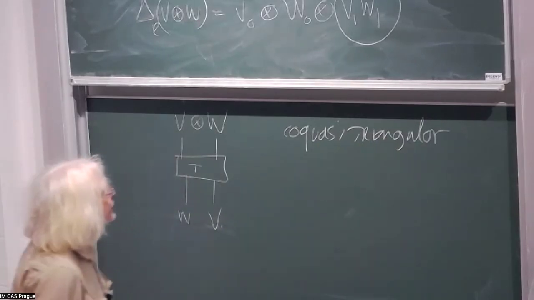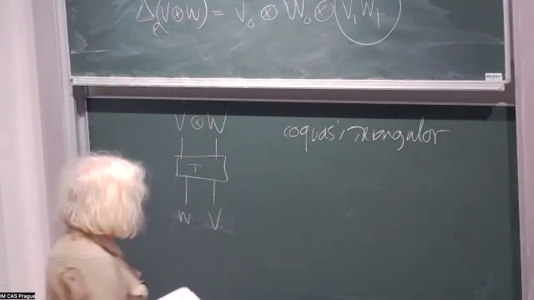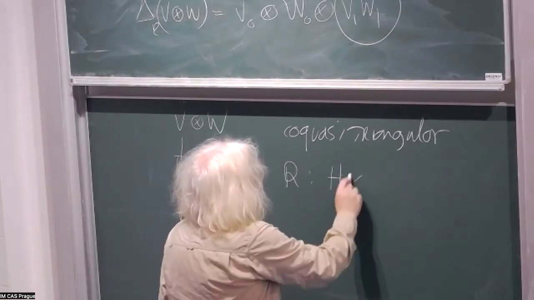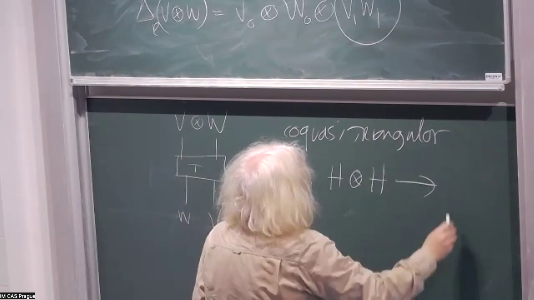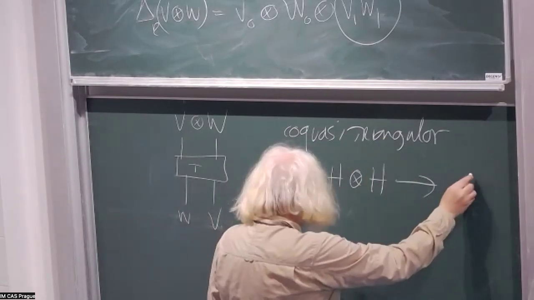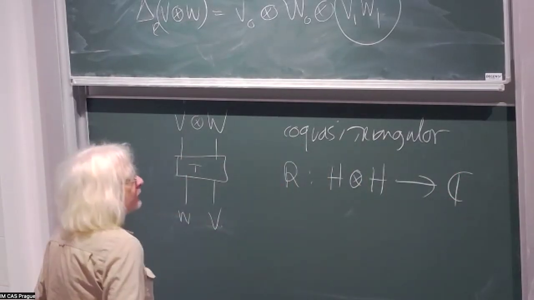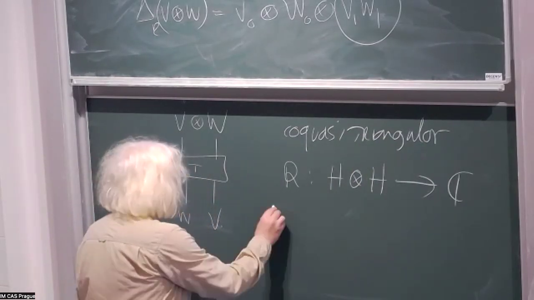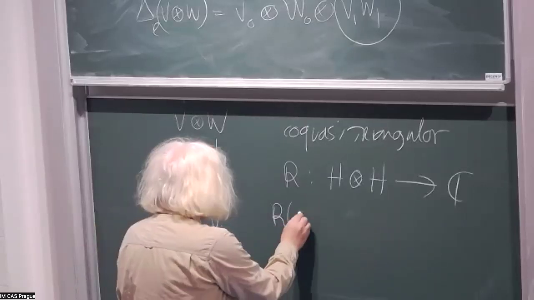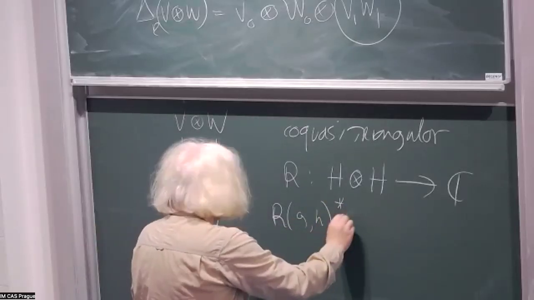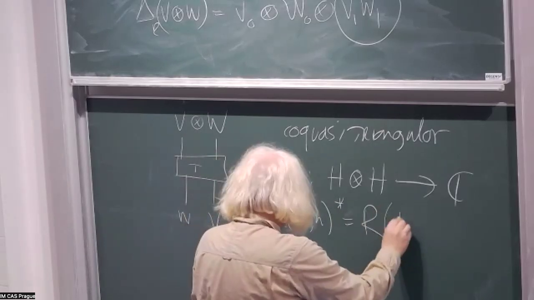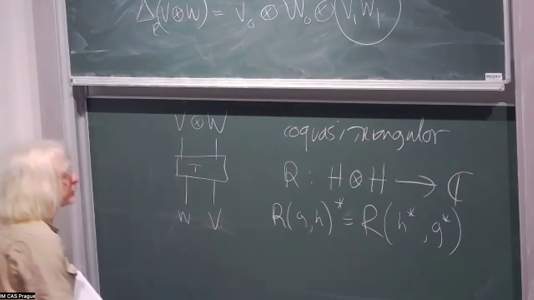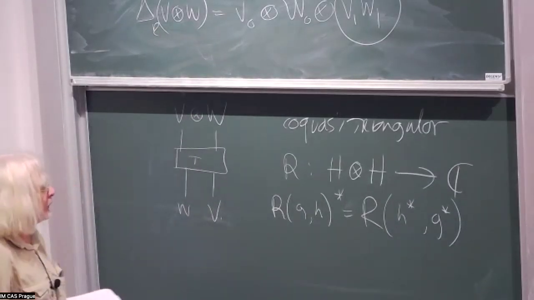A co-quasi-triangular Hopf algebra. And the important thing is that we need an R matrix. Well, it's a linear map from H tensor H to our field of the complex numbers, obeying various properties of which, okay, that's a slightly optional star property, which I'll come back to in a moment.